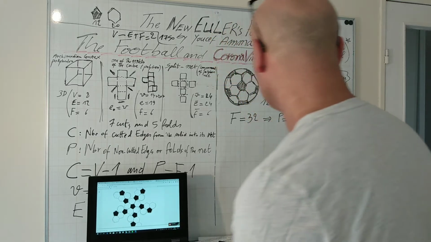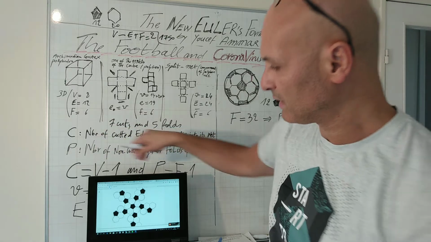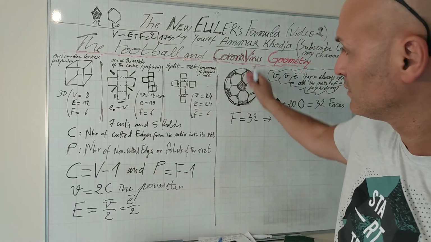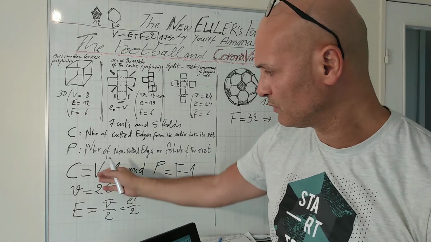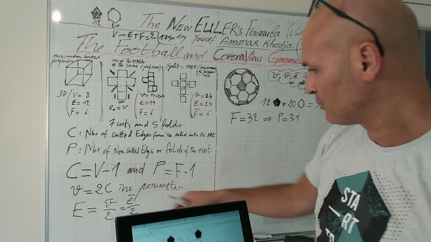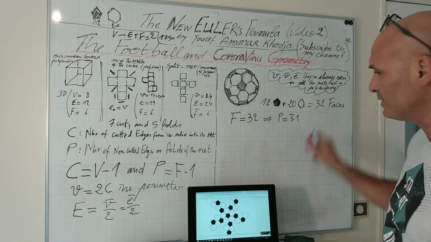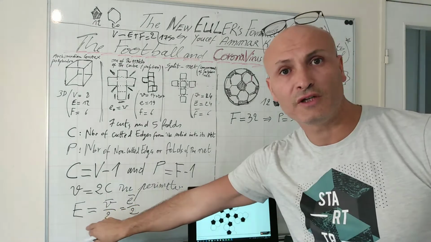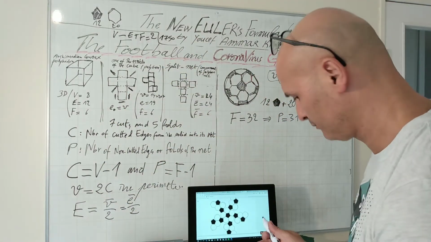Now, to find the number of cuts, which is the number of vertices here, without going to compute the vertices straight away, we can compute something easy straight away from those numbers here. We can compute the number of edges on the skin of the football.